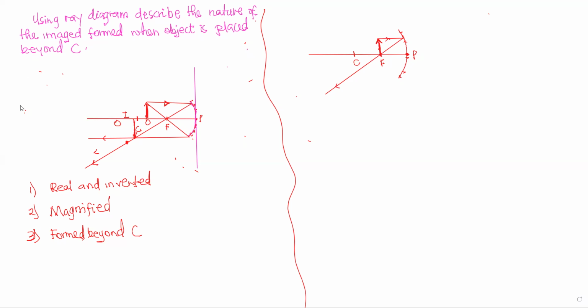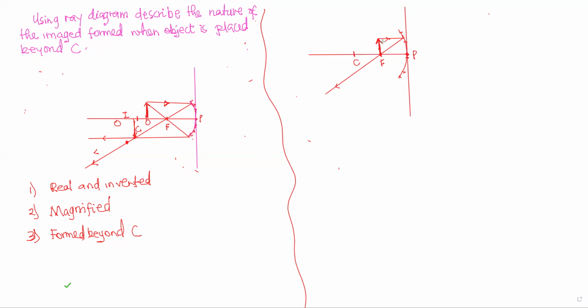A ray of light hitting the mirror at 90. I'm coming. Let me rule the vertical line behind the mirror. Okay, because I did not take my measurement, applying this is difficult.